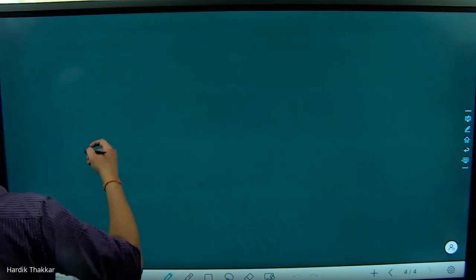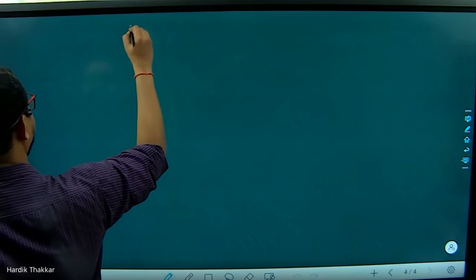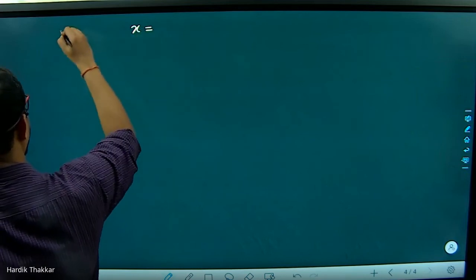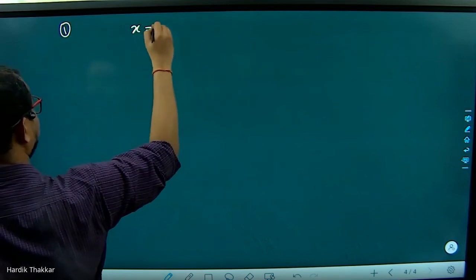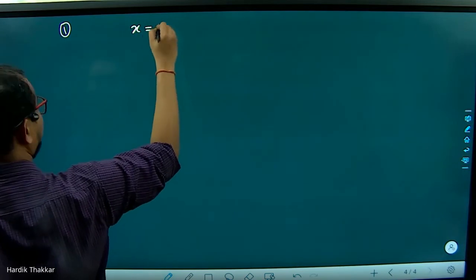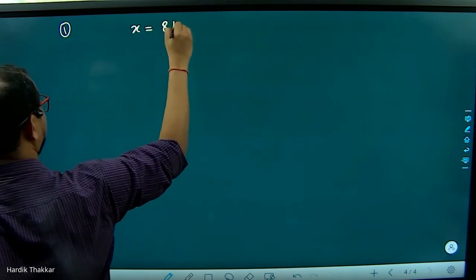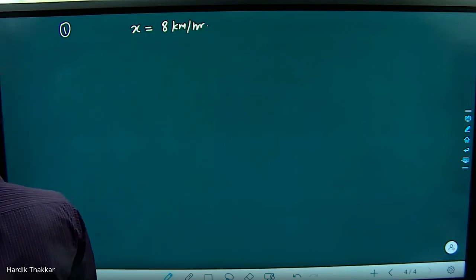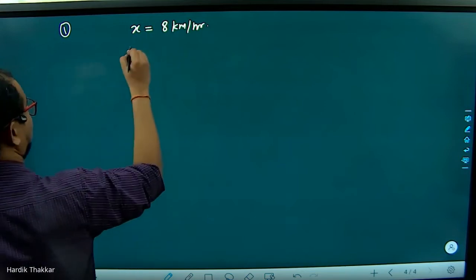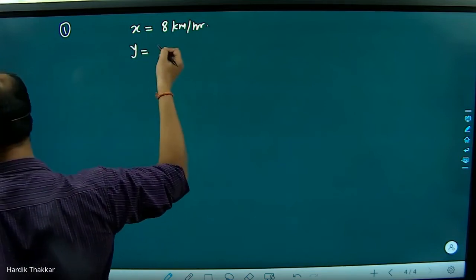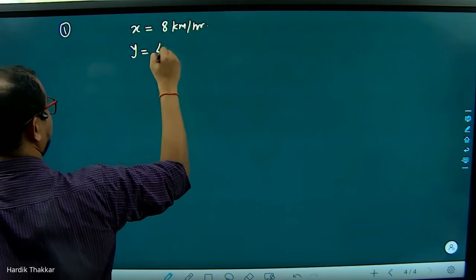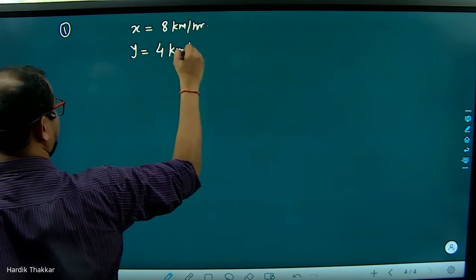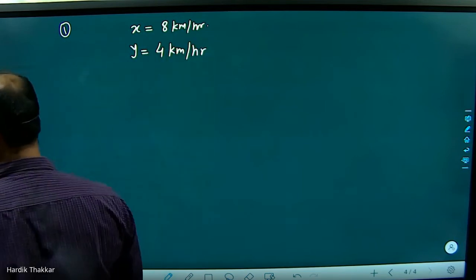So the speed at which a woman can swim is given in the first question, and we will consider this as x. So x is equal to 8 kilometer per hour. If the speed of the stream is 4 kilometer per hour, we should always consider speed of stream as y. So y is equal to 4 kilometer per hour.